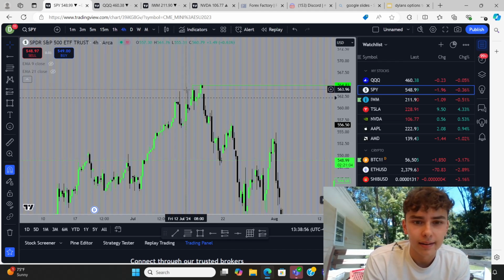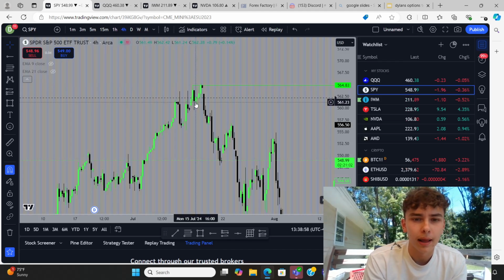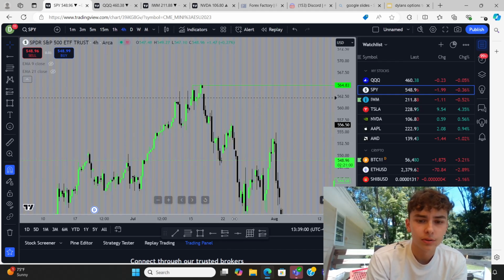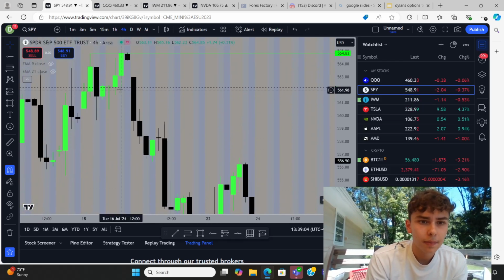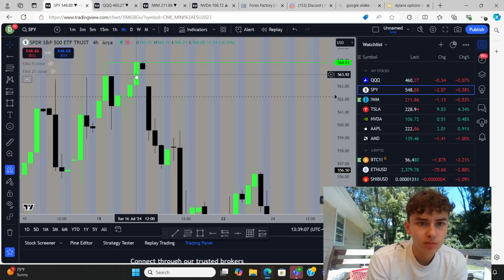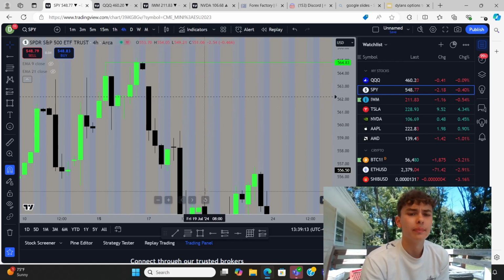So we make a high right here. This green candle followed by a black candle is a high. What does price do after that? Let's break it down. Price after that came up, we took out the high. This is a liquidity sweep. And now we're making the move down.